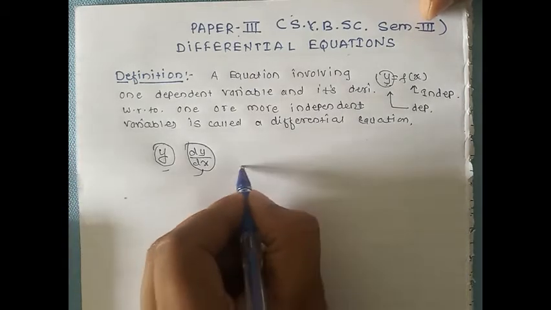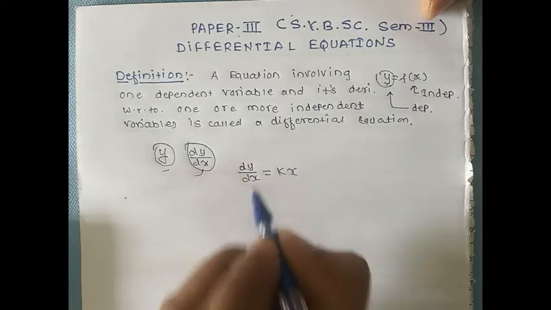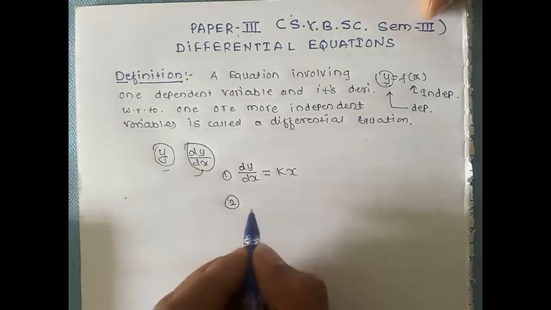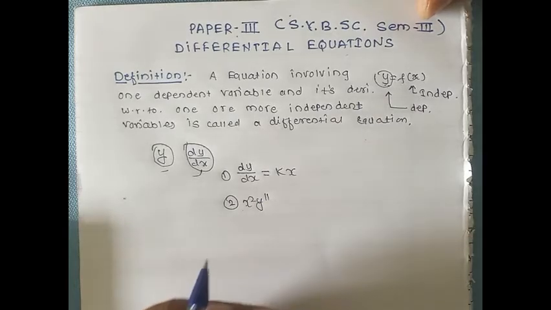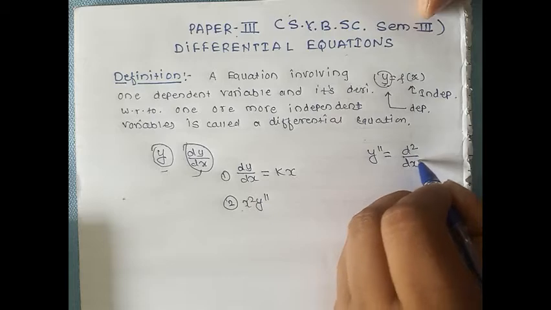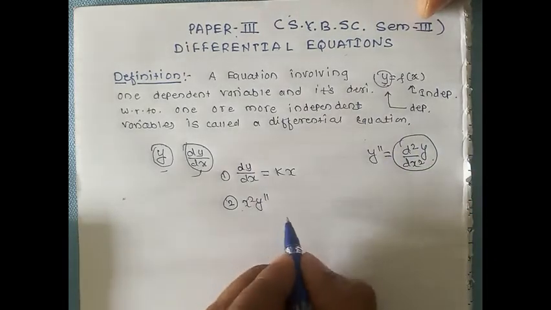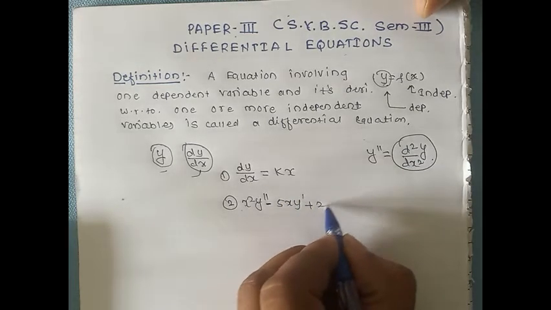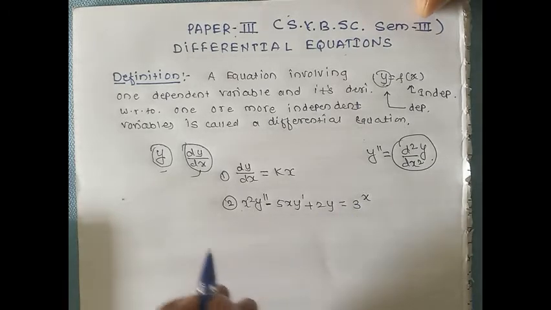For example, dy by dx is equal to kx. This is the first one. Second, x square y double dash, that is the second derivative d2y by dx square, minus 5x y dash plus 2y is equal to 3 to the power x.